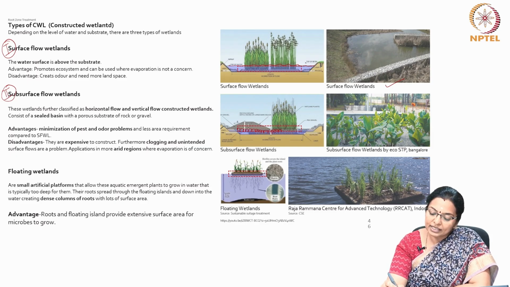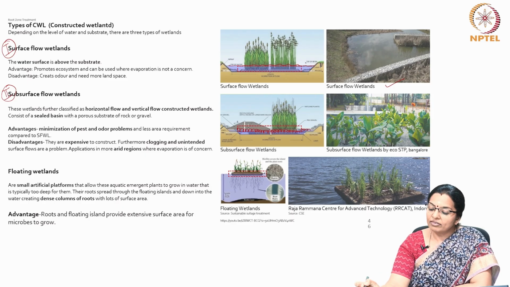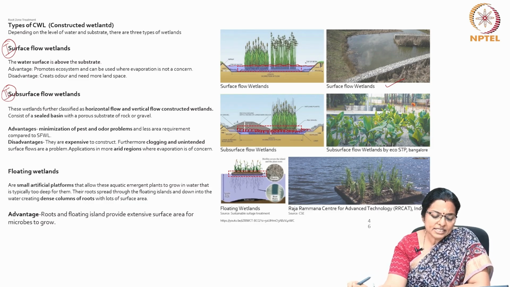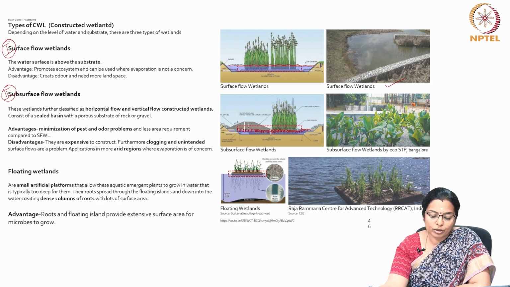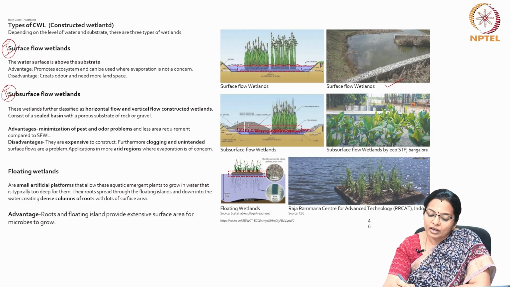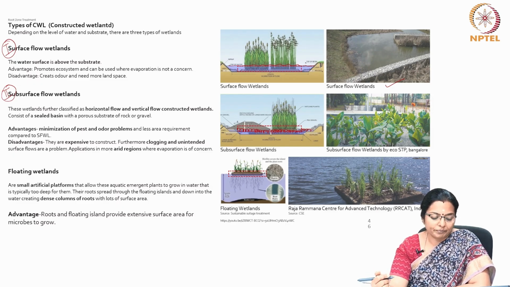So you can see the rocks and gravel on top. The advantages is that there is minimization of pest and odor problems and there is less area requirement compared to surface flow wetland because there is a layer of gravel which prevents the frothing from coming up.